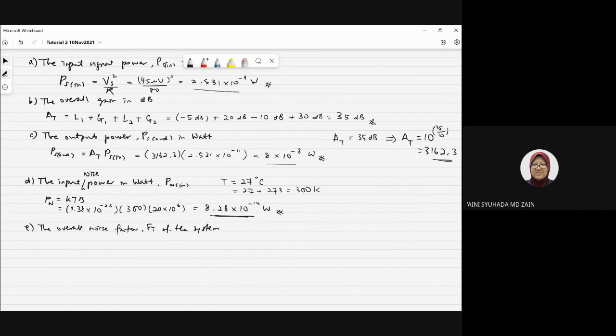You have to use this, the Friis formula that has been introduced to you in this noise analysis calculation.